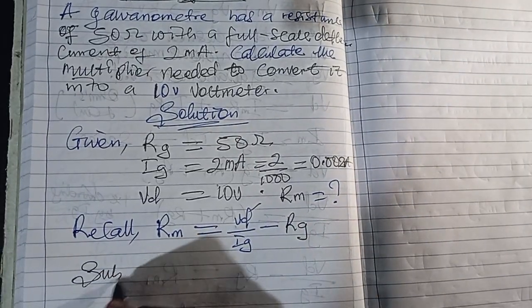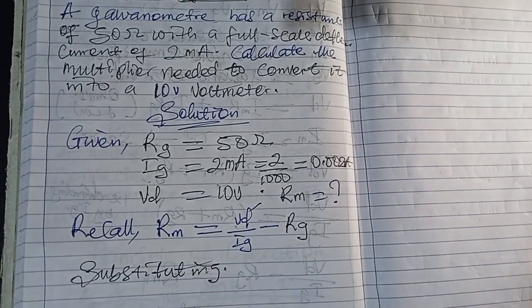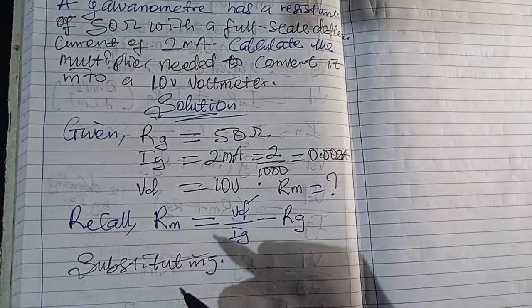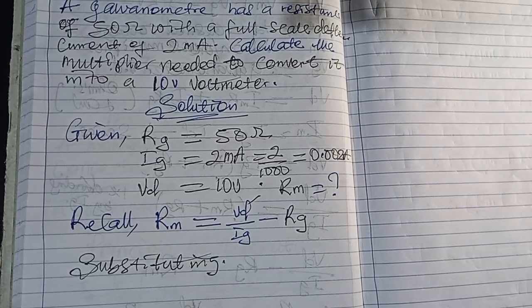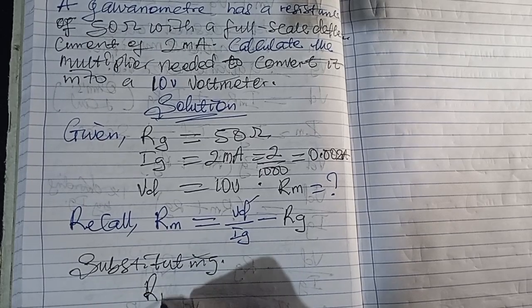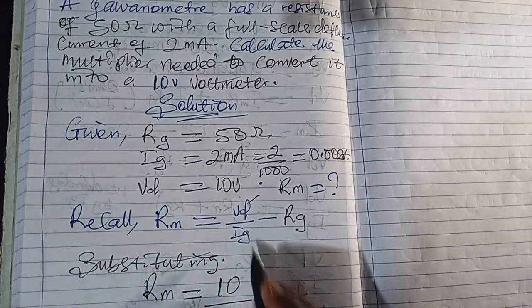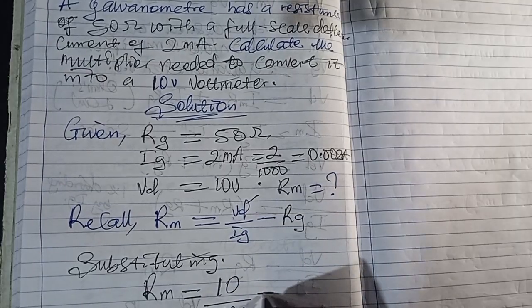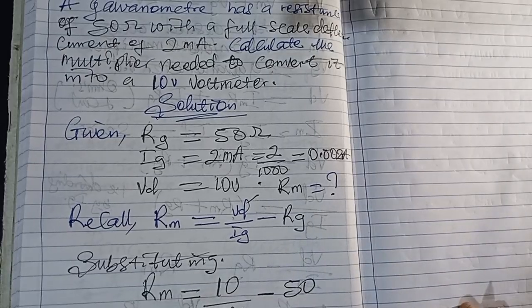Substituting, we have Rm is equal to our Vd, 10 volts, divided by Ig, 0.002, minus our Rg here, 50 ohms.